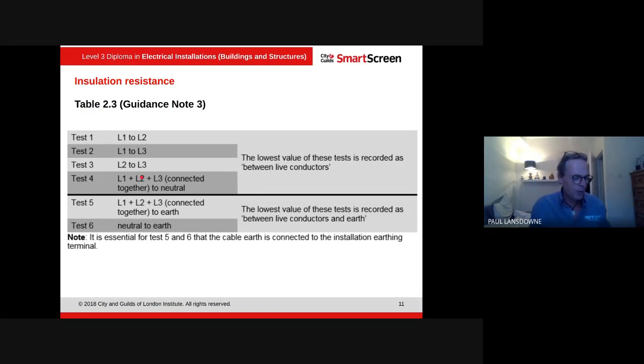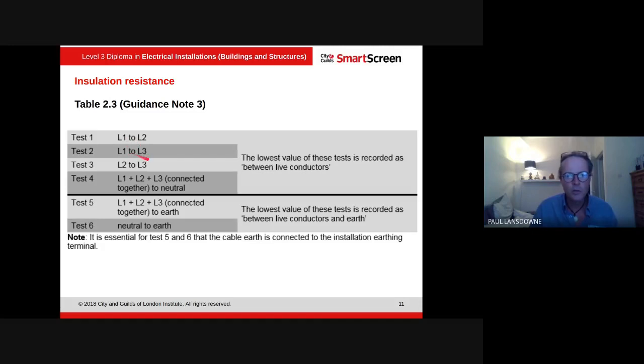So when it comes to three-phase, this is the testing for three-phase, and this looks very similar to if you were going to do safe isolation on a three-phase circuit. So you would do an insulation resistance of L1 to L2, L1 to L3, and L2 to L3. So you would check all the line conductors individually.